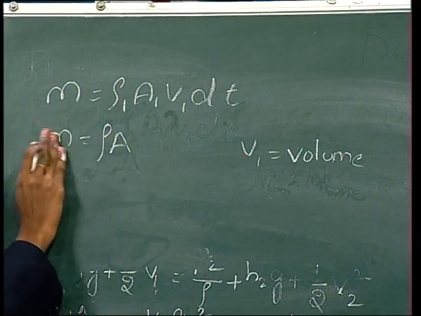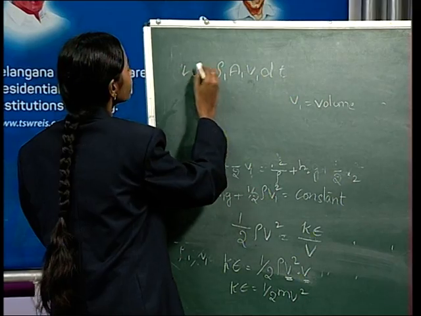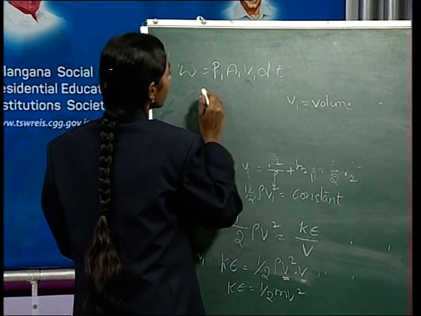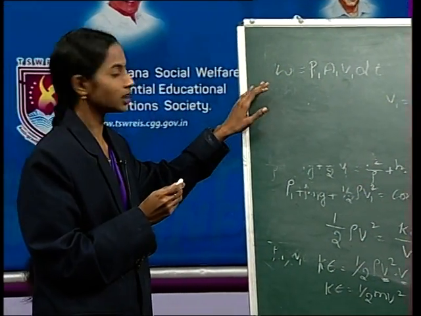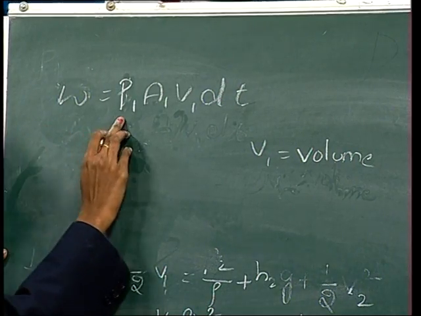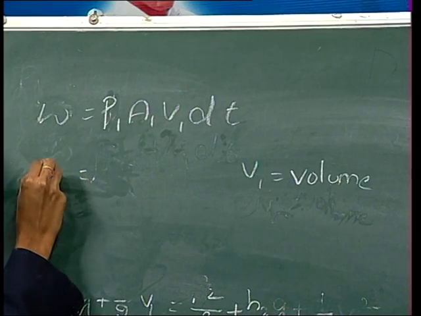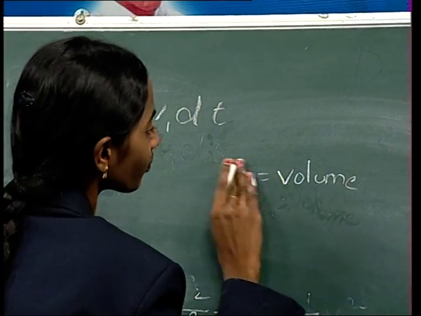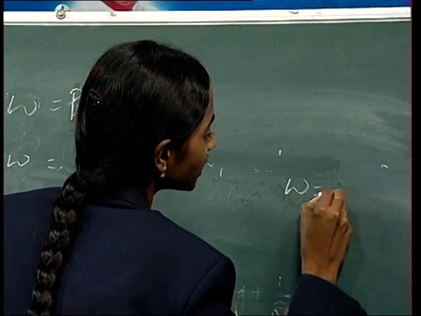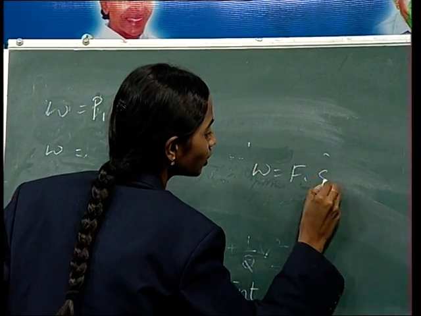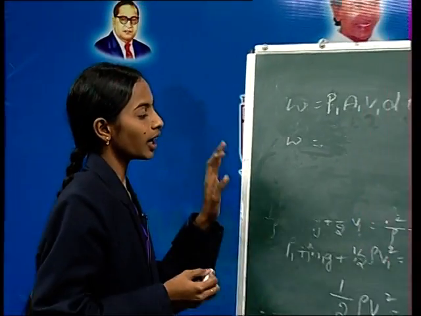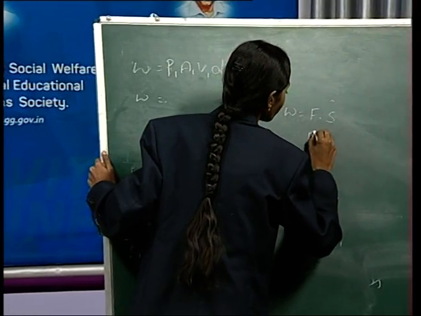Sorry friends, this is work done. This is work done, P1 A1 v1 dt, and we know that work done is equal to force into displacement. What is the formula of force?